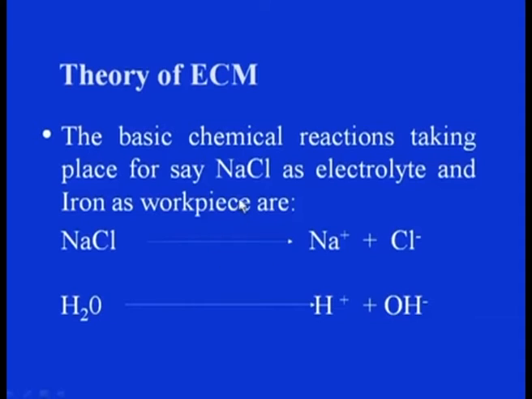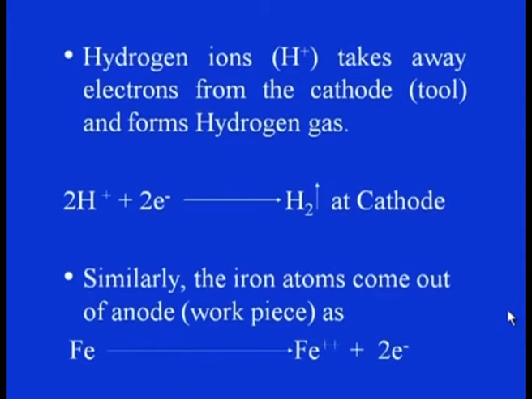So, in the electrolyte, sodium chloride will be dissociated into the sodium ion and chlorine ion, and H2O, which is water, will be dissociated into hydrogen and OH ions. Hydrogen is positively charged and OH ions are negatively charged.